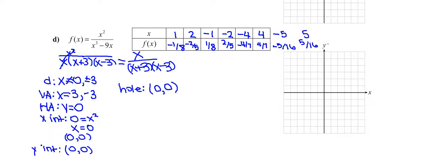Okay, so now we can start graphing our points. First thing we want to do is draw our vertical and horizontal asymptotes. So our first is x equals 3. So 1, 2, 3. We want to just draw a dotted line up here. And this is x equals 3 and -3.